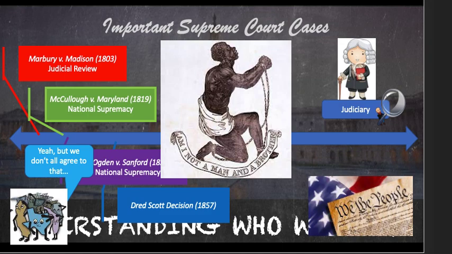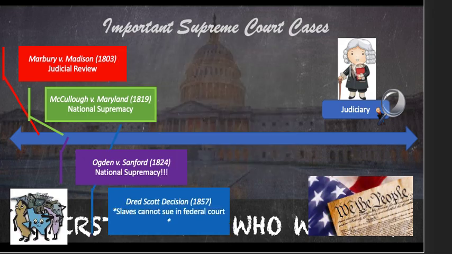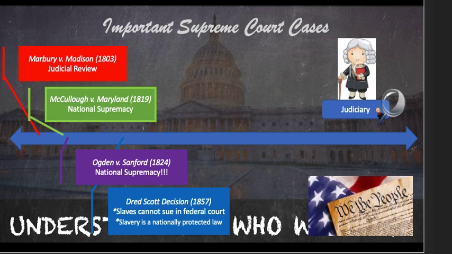The states argued that they didn't have to have slavery just because the Constitution says so. McCulloch versus Maryland, the precedent, said that actually you do. And so the decision was made that slaves cannot sue in federal court. They have no standing in federal court is what that's called. And also that slavery is a nationally protected law.